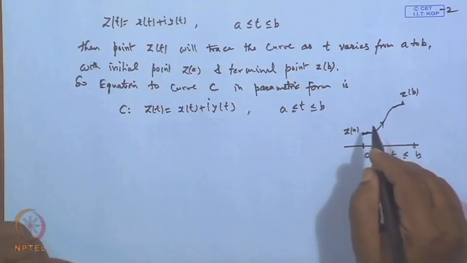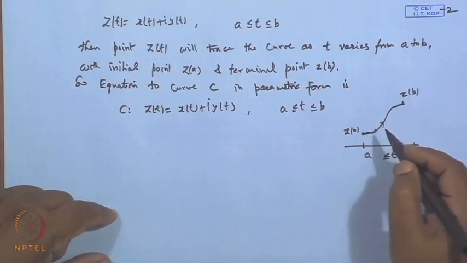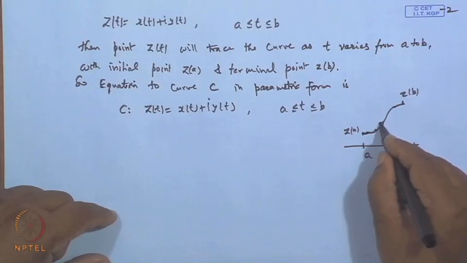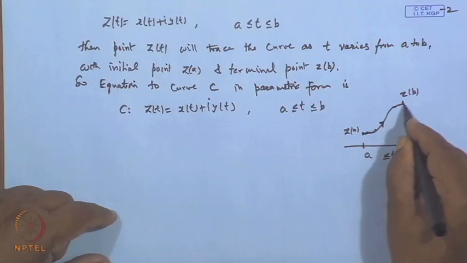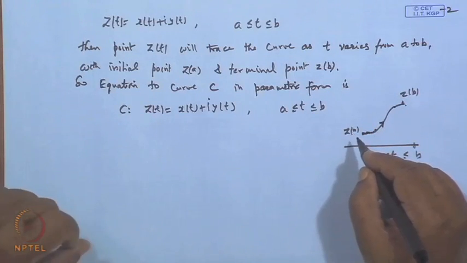Now, this curve depends on the direction, because it can go in this way or maybe in the opposite direction. So, we consider one of the directions as the positive direction.